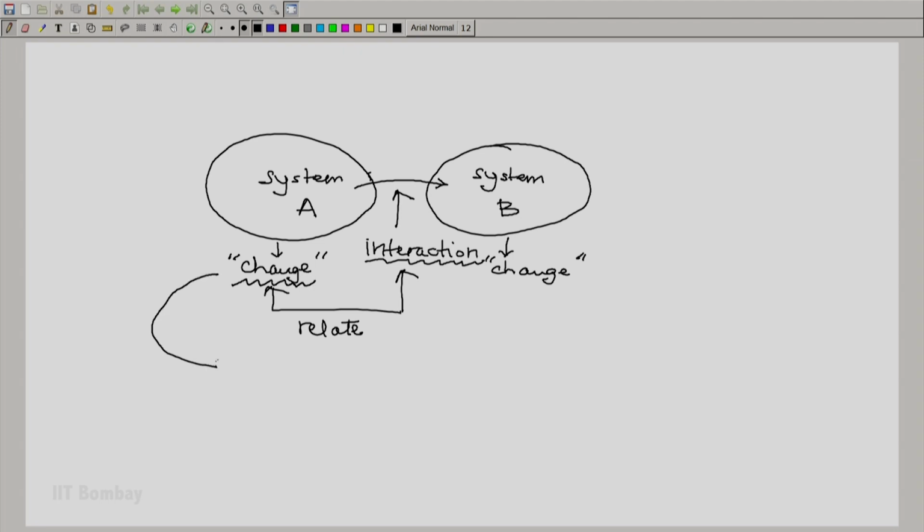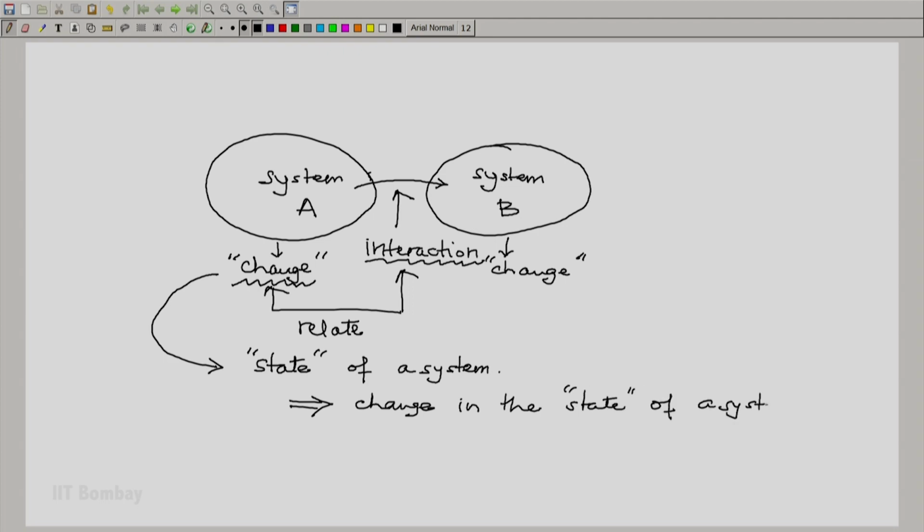And to decide on this change, we say that we study and we observe the state of a system so that we can note and study the change in the state.